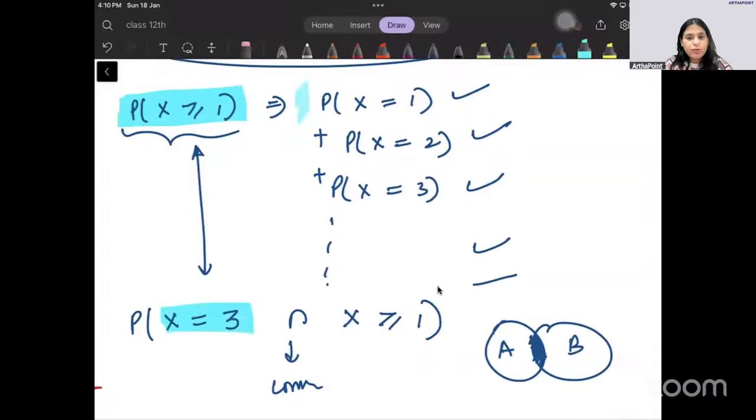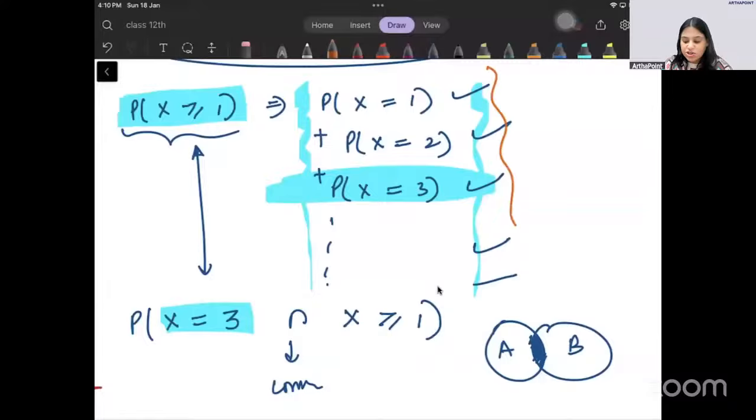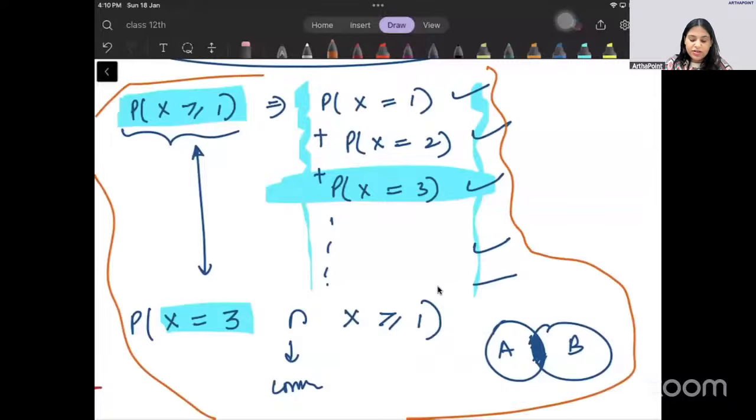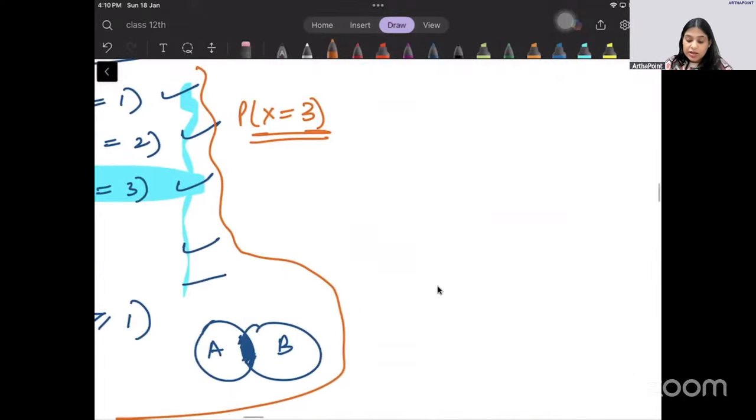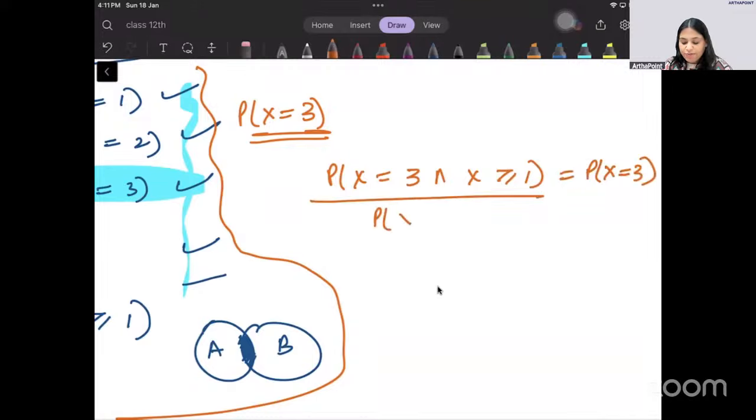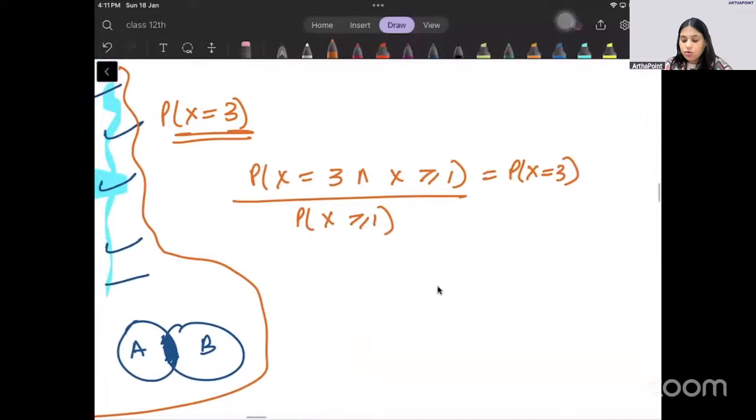X greater than equal to 1 में ये सब कुछ है and x equal to 3 is only this. So when I find the intersection between the two, common between the two, it is simply probability x equal to 3. So that is the numerator. Probability x equal to 3 intersection x greater than equal to 1 is simply probability x equal to 3. And denominator में I have probability x greater than equal to 1.